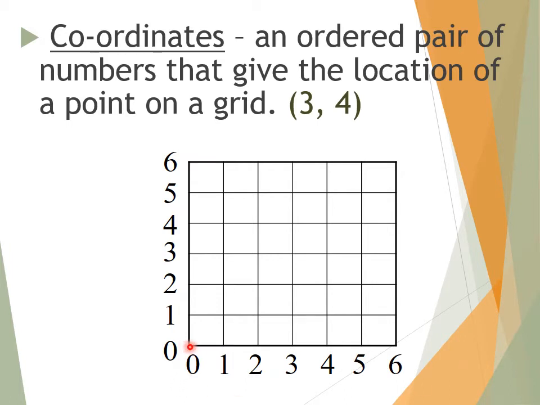Let us see where the point (3, 4) lies. So, we'll go 3 to the right and 4 upwards, and this is the position of the coordinate (3, 4). So, the position of this point has been named as (3, 4) within brackets. Let us see what is actually the meaning of it.